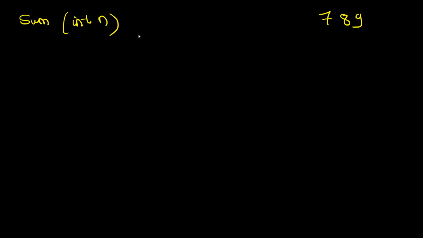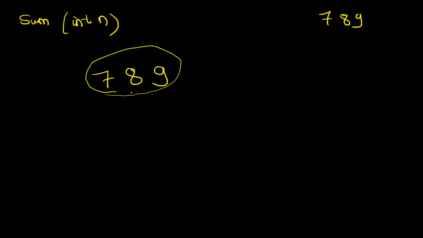So can anybody come up with the recurrence relation? Let's see. Yeah, I'll explain the logic only. Can anybody come up with a recurrence relation or something like that? See, what do I tell you? I tell you, boss, you have to find the sum of digits of this number 789.